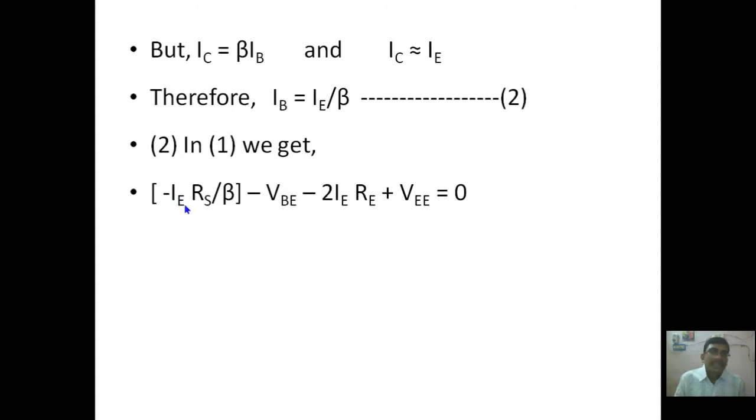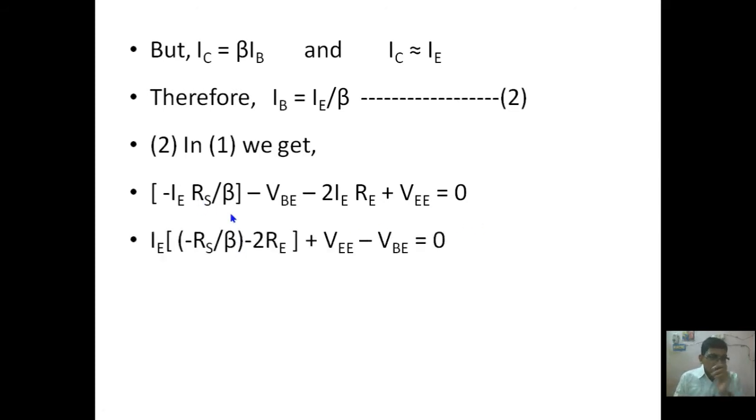Substituting IB is equal to IE by beta in equation number 1, then we get minus IE by beta into RS minus VBE minus 2 IERE plus VEE is equal to 0. Here one thing we can observe, IE is common in these two terms, so I am taking IE as common. Then we get minus RS by beta minus 2RE plus VEE minus VBE is equal to 0.